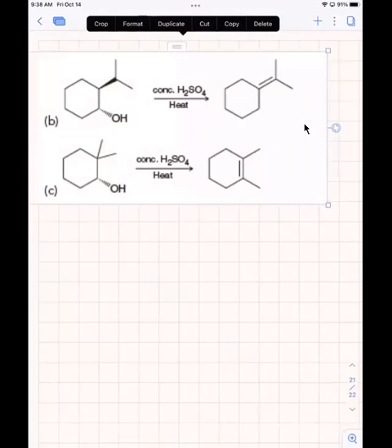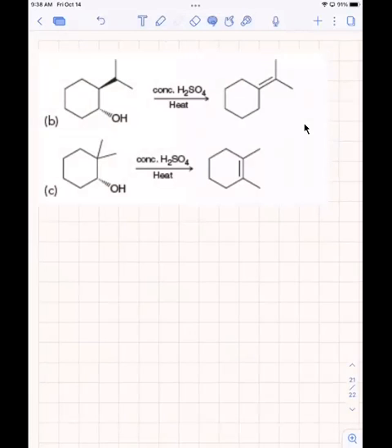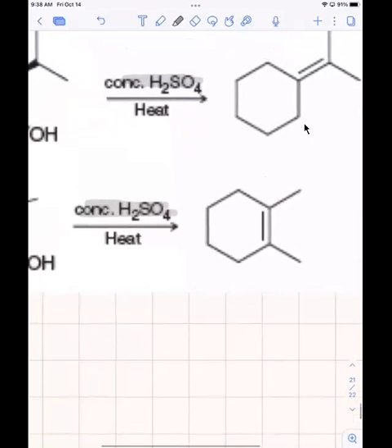So if you looked at B, and this is one of the ways to tell if an elimination is E1 or E2, is to look at the reagents. So right here, my reagent is sulfuric acid. So acid, not base. If there's an acid present and there's an elimination product as a result, then you know that it's E1.